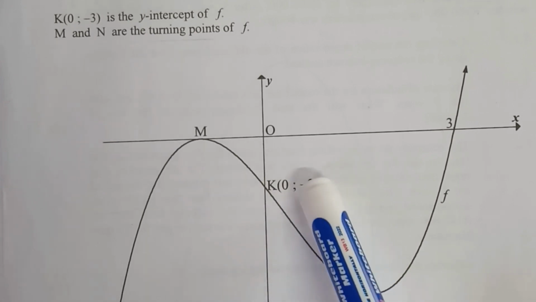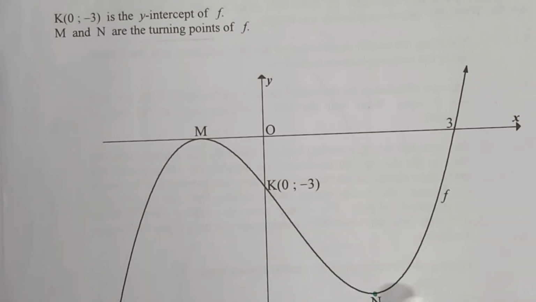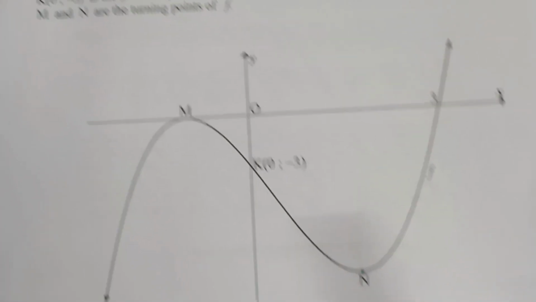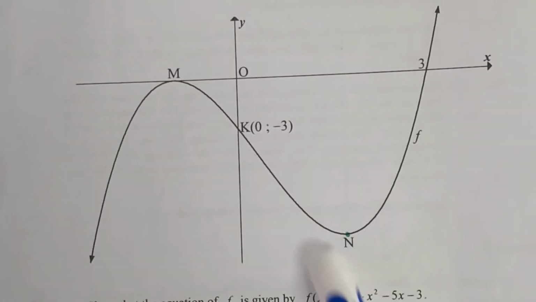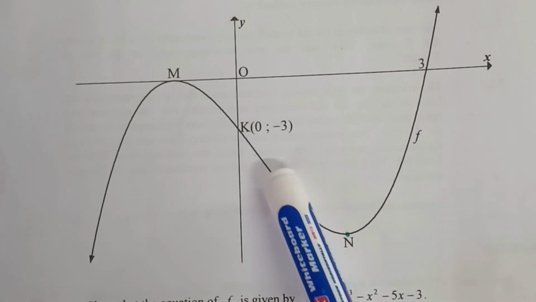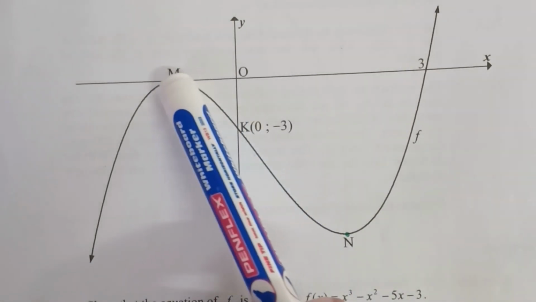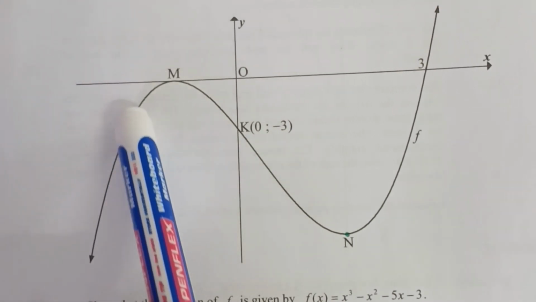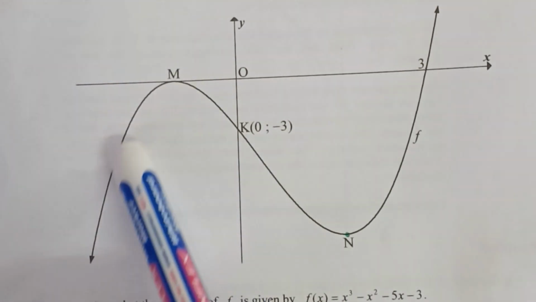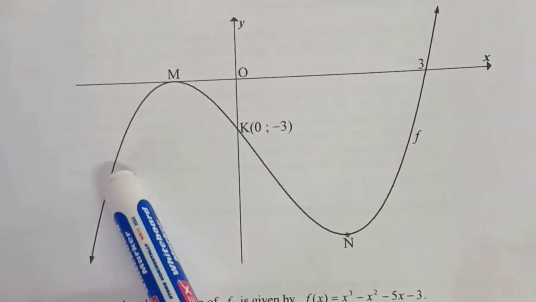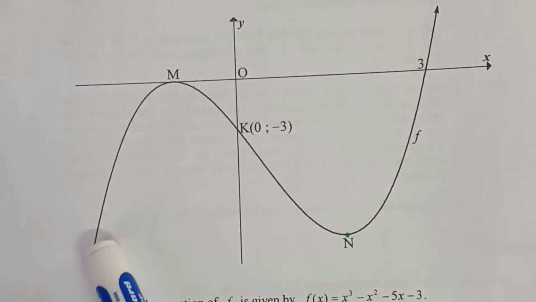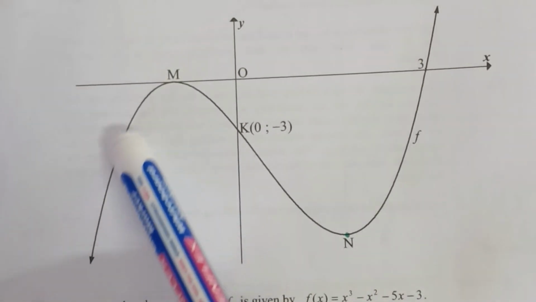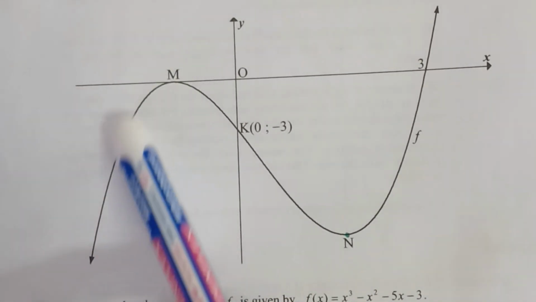You can see here they say it's -3, and here we found our value of n, the coordinates of n as 2 and -9. So here our graph is negative, but here our graph is 0, and when you turn from that turning point, you go down, you go down, and you'll find values of y that are negative.